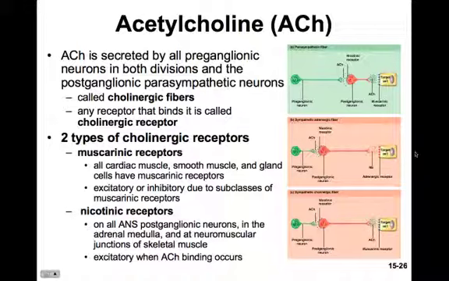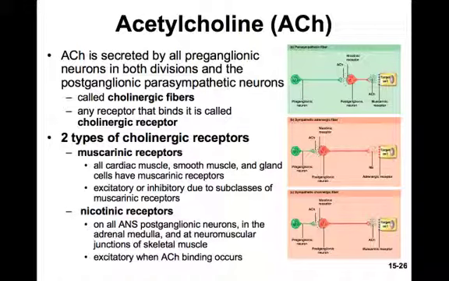So again, when we look at acetylcholine, we know that it's secreted by all preganglionic neurons in both the sympathetic and parasympathetic divisions. These are the green neurons you see. And acetylcholine is also secreted by the postganglionic neuron in the parasympathetic fibers.